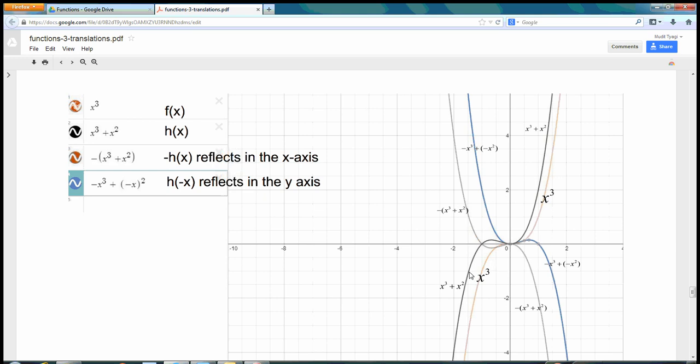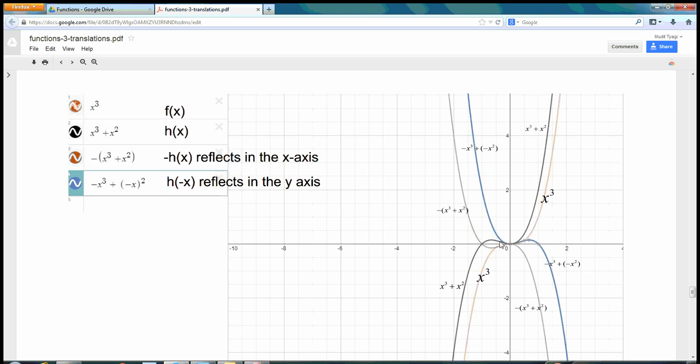So then what I wanted to do is just review what happens when you multiply the function by -1. So we've got this black graph is our x cubed plus x squared graph, and that's our h of x. Now if you look at minus h of x, then you see that we get a reflection in the x-axis. So here's our black graph, x cubed plus x squared, and then look at the reflection.